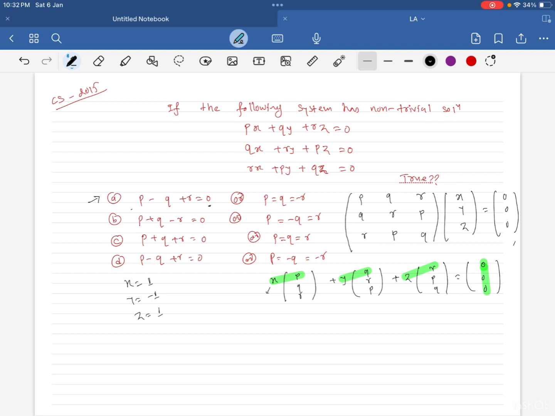If we take x is equal to 1, this one -1 and this one 1, right? So we will have p minus q plus r, and here we will have q minus r plus p, and at the end r minus p plus q, right?